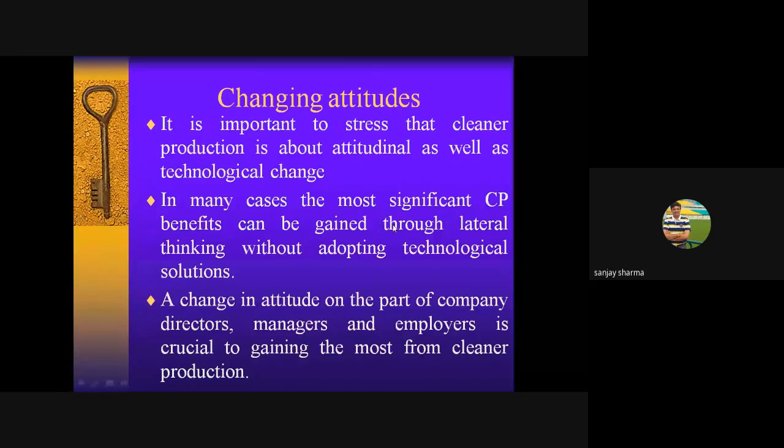In many cases, the most significant CP benefits can be gained through lateral thinking, without adopting technological solutions. It may happen that you may not need to change anything. On waste minimization, whether Dr. Jain has given this example or not, there is the example of a fast food chain in Delhi.